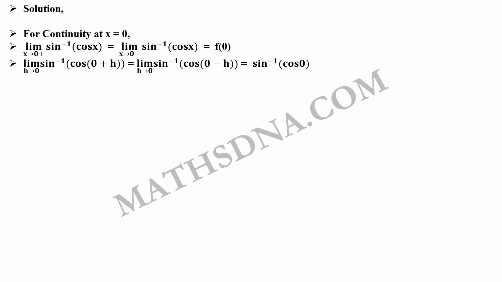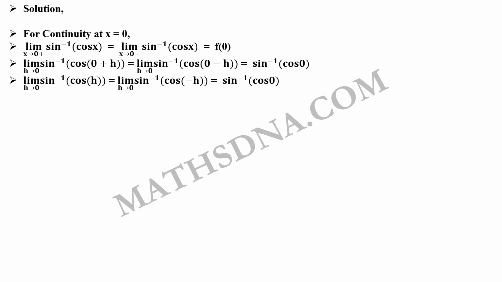Here we take limit h tends to 0 of sine inverse cos(0 plus h) equals limit h tends to 0 of sine inverse cos(0 minus h), which equals sine inverse cos 0, the value of the function at 0. This further implies limit h tends to 0 of sine inverse cos h equals limit h tends to 0 of sine inverse cos(minus h), which equals sine inverse cos 0.